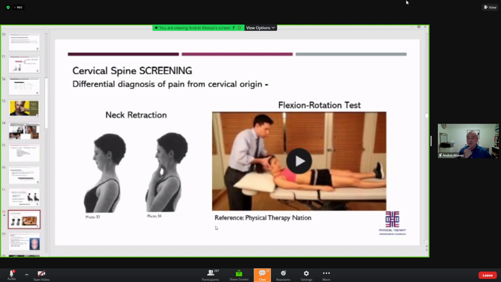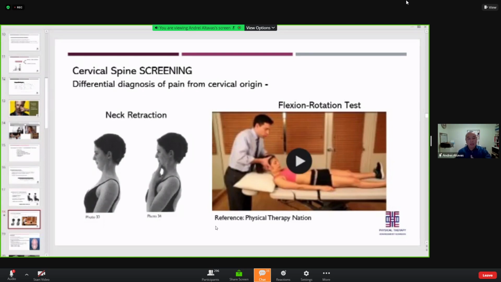So try to do this exercise right now. I want you to start doing neck retractions, okay? You need to see it on a lateral view. Can you see that? Okay, so make sure you can do neck retractions several times. Usually I hold that retraction in for about 3 seconds.